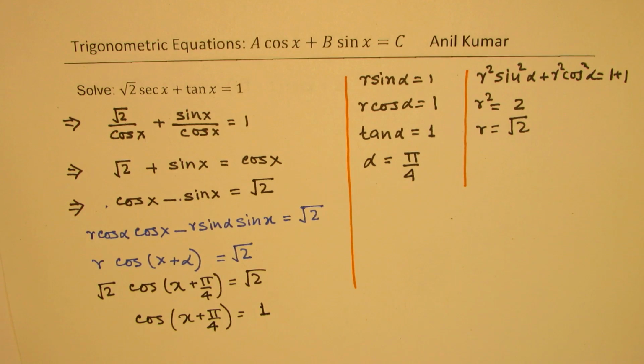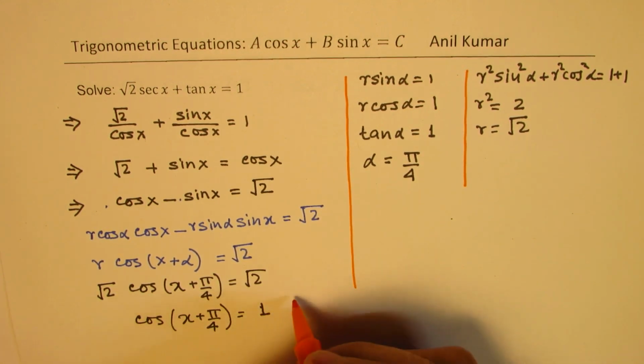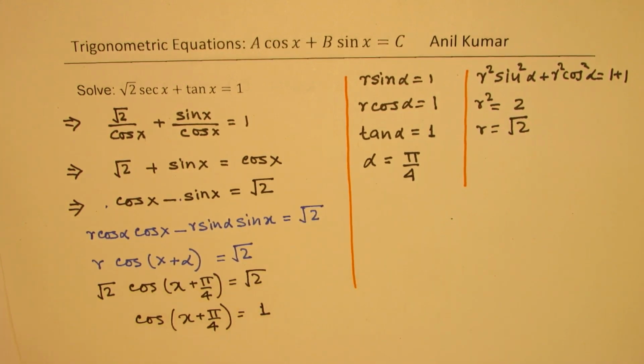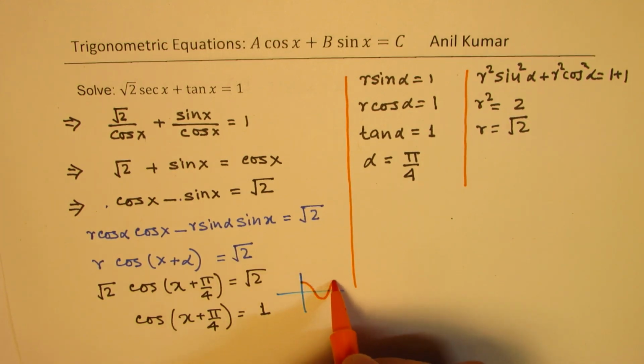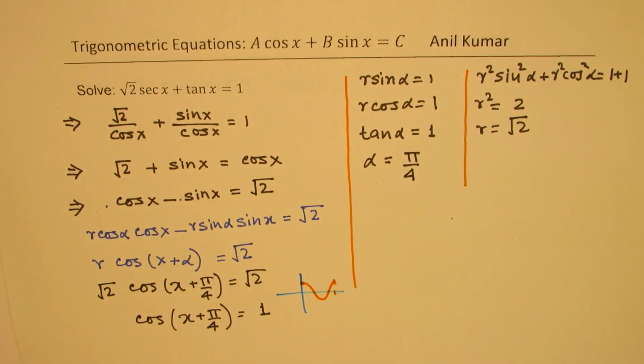So cos of x plus pi by 4 is equal to 1. Now when is cosine 1? We can always sketch and see, right? In one cycle, cos is 1 at 0 or 2 pi, correct? So that is when the cos value is 1.